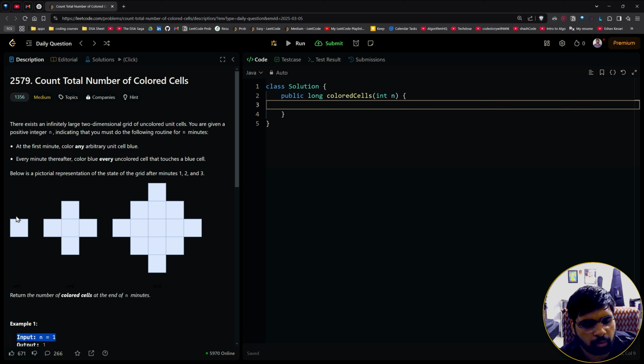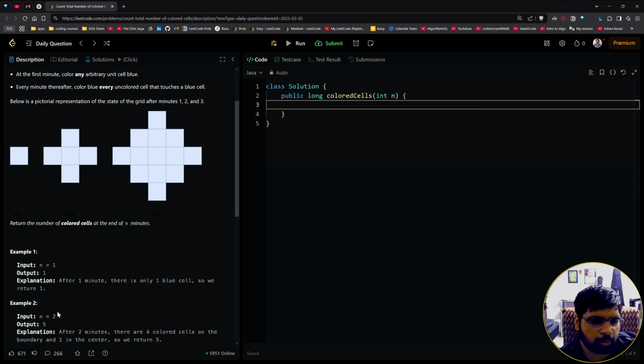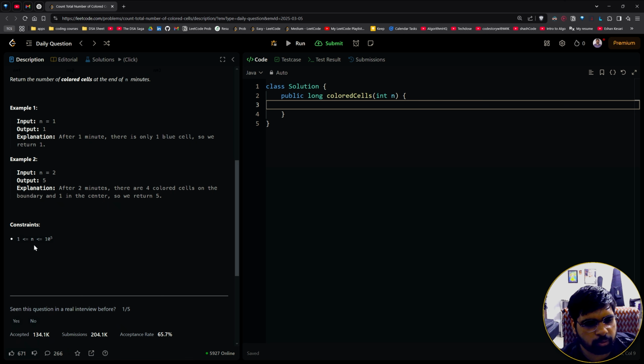For n equal to 1, we will color this edge, this edge, this edge, and this edge. For n equal to 2, we'll color this cell, this cell, this cell, and this cell. And for n equal to 3, we will do like this.